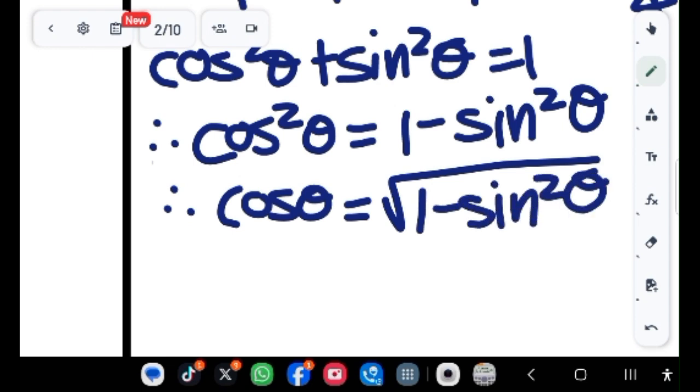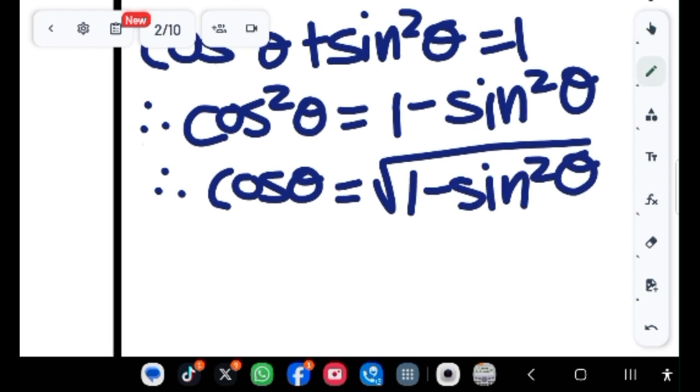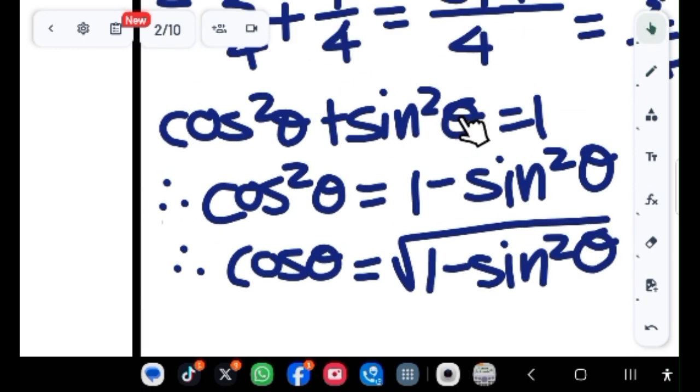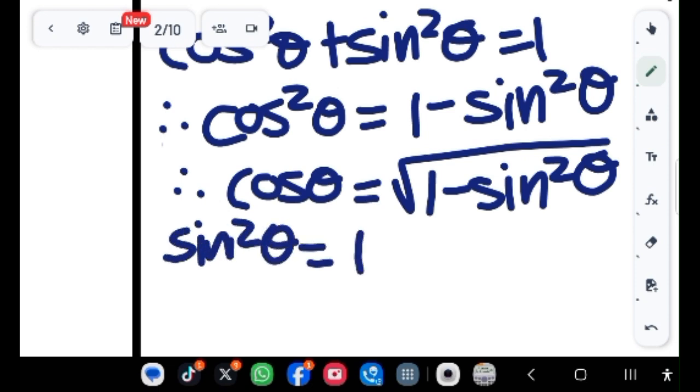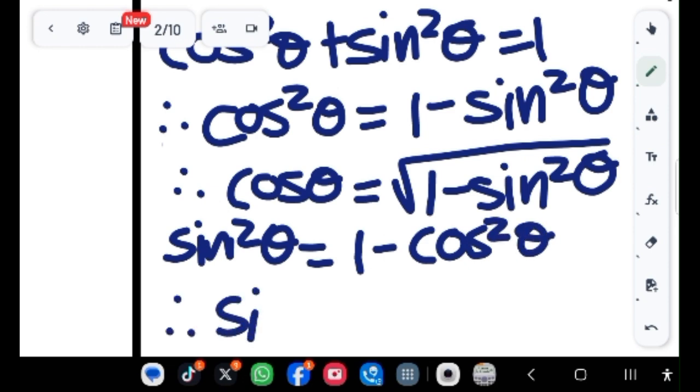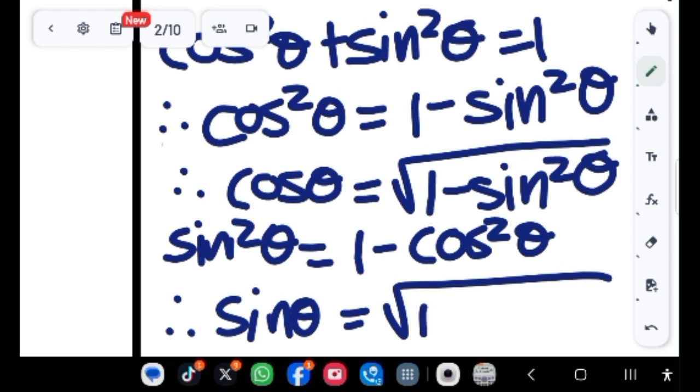This is important because we're going to use this a lot. Similarly, you can also express sine squared theta in terms of cos. So sine squared theta can also be expressed as 1 minus cos squared theta, therefore sine of theta, if you take the square root of both sides, will leave you with the square root of 1 minus cos squared theta.